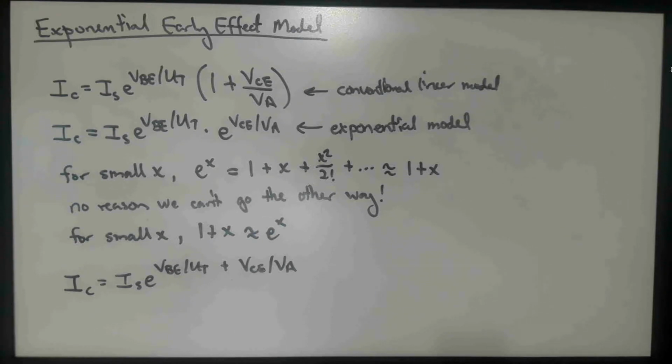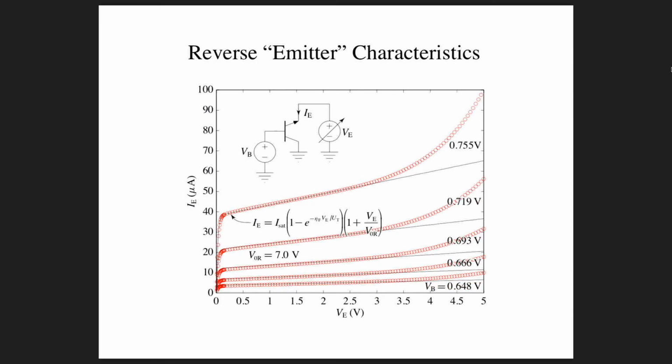The third reason we might want to consider a model like this is shown here. If we go back to this slide, these are the reverse emitter or inverse active collector characteristics that I showed for the one transistor that I had measured data from, in a slide deck I did a couple of sessions ago.